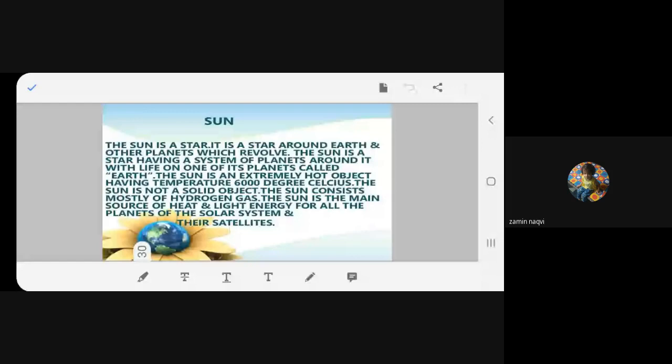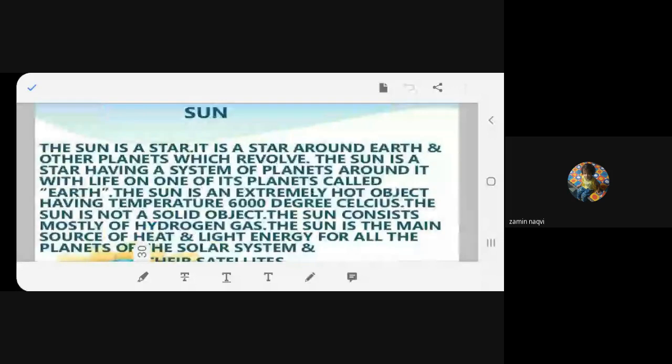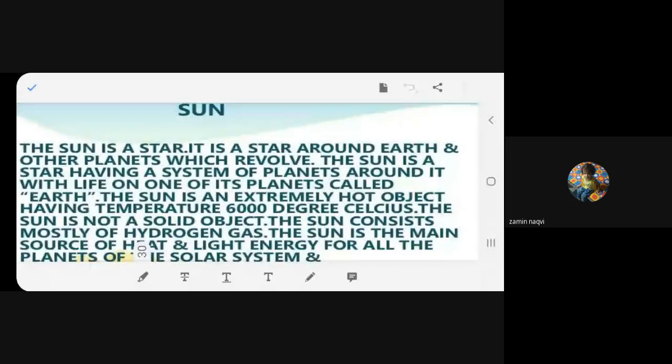The first thing that we are going to study is the Sun. Please read, beta. What is the Sun? The Sun is a star around which Earth and other planets revolve. The Sun is a star having a system of planets around it, with life on one of its planets called Earth.